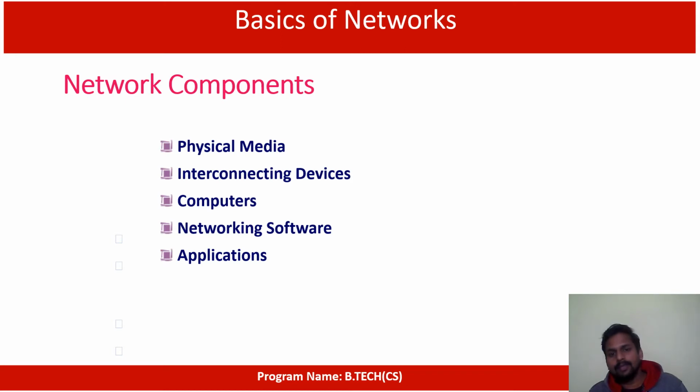Along with my system and the physical media, that means the connecting medium, we have to use one network device also. For example, if they give a broadband connection to your home, along with the telephone connection they give a modem, right? That modem is the network device used to connect your system with the internet. So these are the interconnecting devices for making the communications.